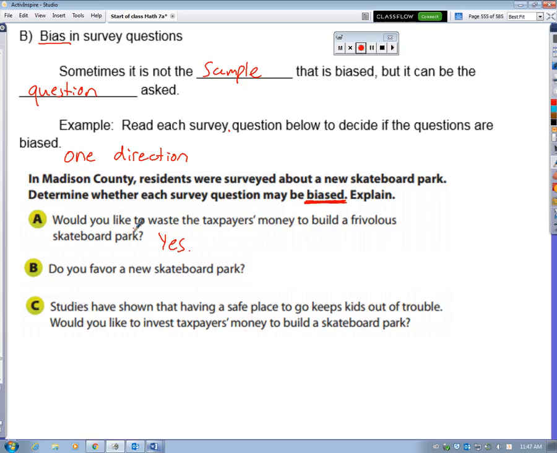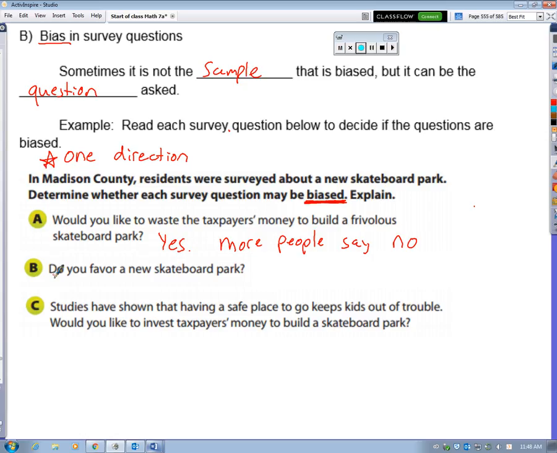So in this type of question, if someone was asked this in a survey, alright, more people would want to say no. Okay, and that might not represent exactly how people feel about the skateboard park if they were asked this question right here, because it's misleading and it leads them to pick a certain answer. Alright, going in the one direction, going a certain way.